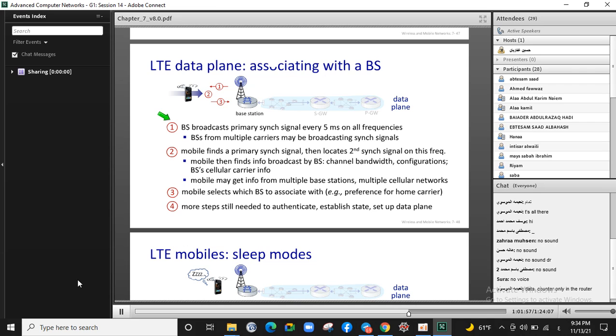It has 4 steps. The first step is that the base station broadcasts some signals every 5 milliseconds over the whole frequencies.